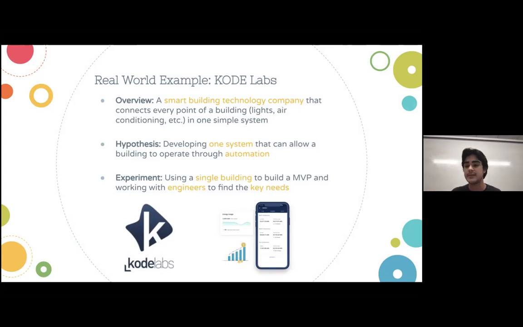And when developing the hypothesis, they went ahead and created an experiment around it. They created an MVP around a single building and used it to test all the different functionalities in the building. And later on, they gathered customer feedback from the engineers, seeing what they did right and what they did wrong, to make their product even better for the end consumer.